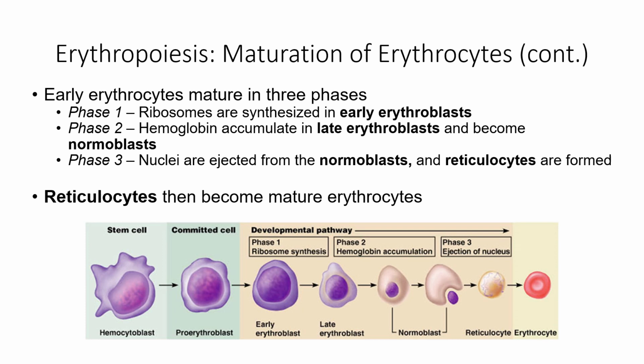So the result of the increased ribosome synthesis will be increased hemoglobin synthesis. And so as the hemoglobin accumulates, the early erythroblasts become late erythroblasts, and then become what are called normoblasts. Remember, the blast always means a cell that's building and becoming something.